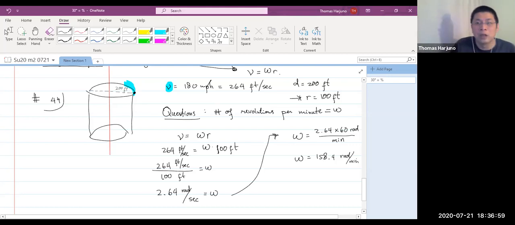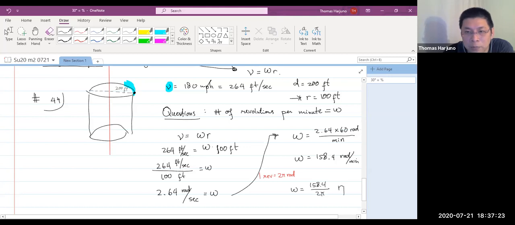But what we need is not radians per minute. What we need is revolutions per minute. Now, one revolution is an angle of 2 pi radians. So the omega in revolutions per minute will be 158.4 over 2 pi revolutions per minute.